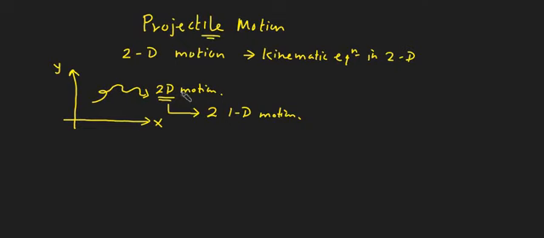This is relevant for projectile motion as well. Instead of studying the two-dimensional case, we break it down into two one-dimensional motions: the motion along the x direction, and the motion along the y direction.